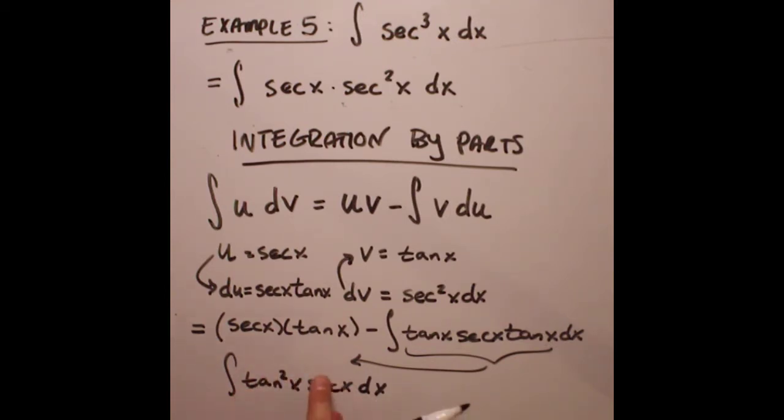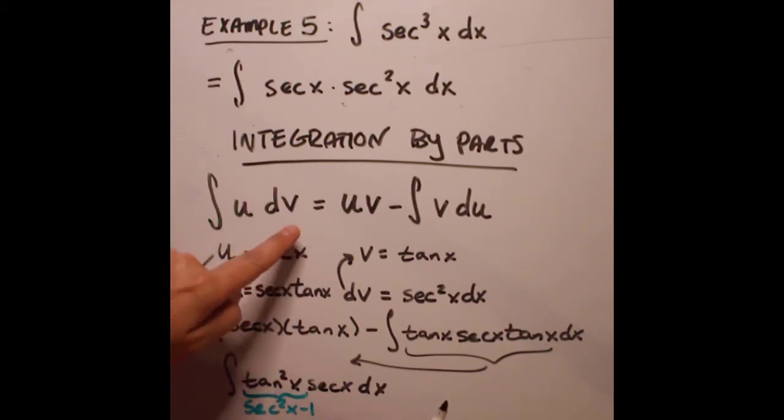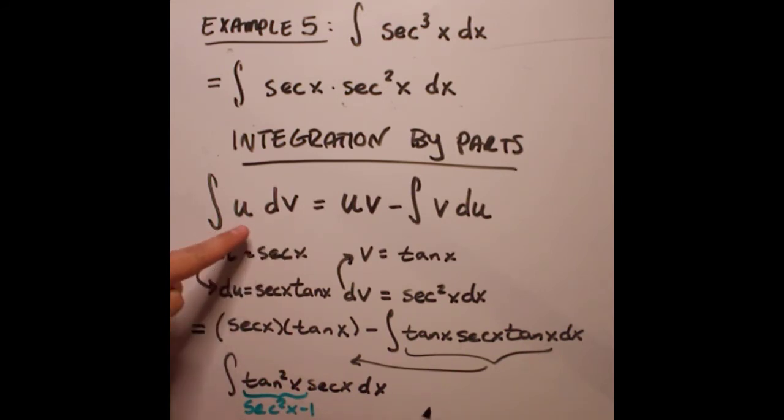And so what we're going to do right here is rewrite this in terms of secant from our trig identity. So this is secant squared x minus 1. And we're going to actually put it together with what we have on the left side of the equal sign. This is kind of an interesting technique, but I'll show you how this goes. So let's make this look a little better.